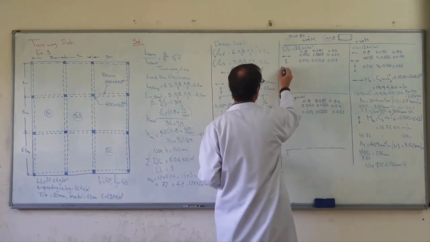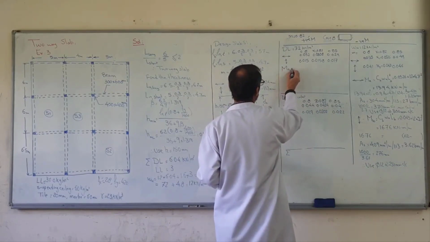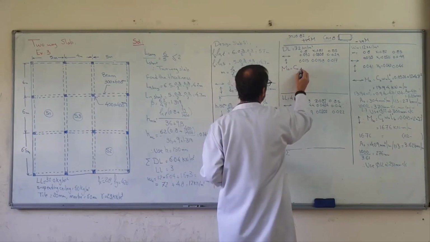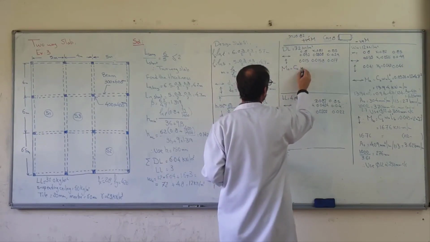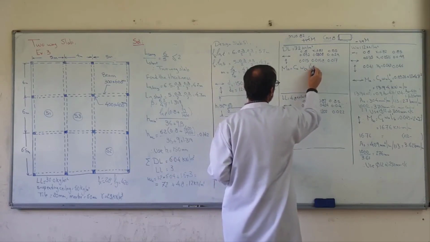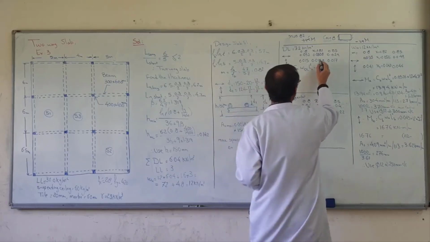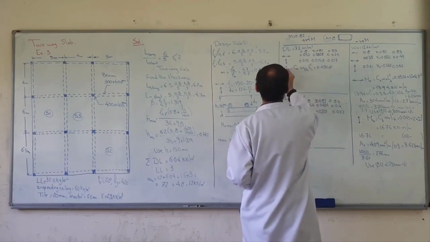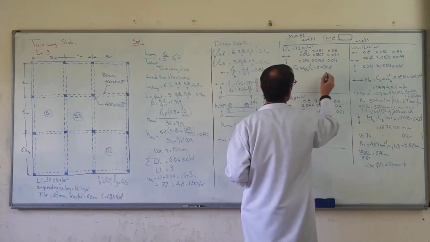Now, the moment here in the short direction is equal to coefficient A times the live load W, times LA square. The coefficient is 0.0308. Don't forget this is the short direction.